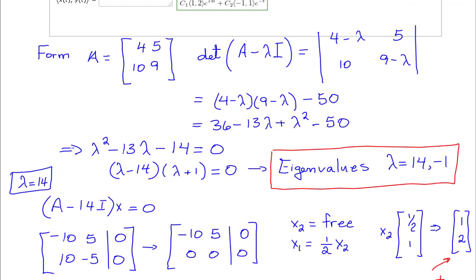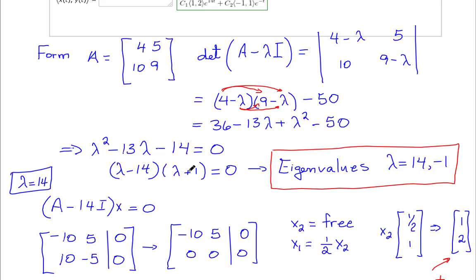And so continuing that and grinding this out, I got 4 times 9, 4 times minus lambda times 9, and a lambda squared. So clean all this up, minus 50. You set this equal to 0, and this is called the characteristic polynomial.